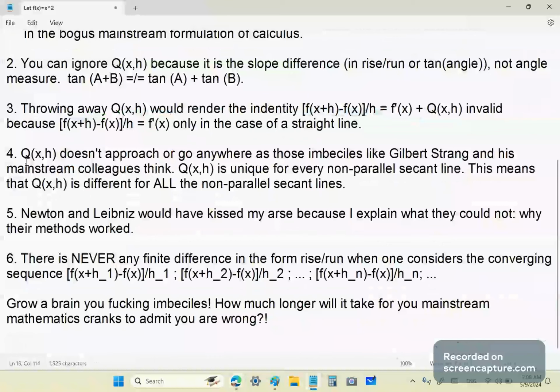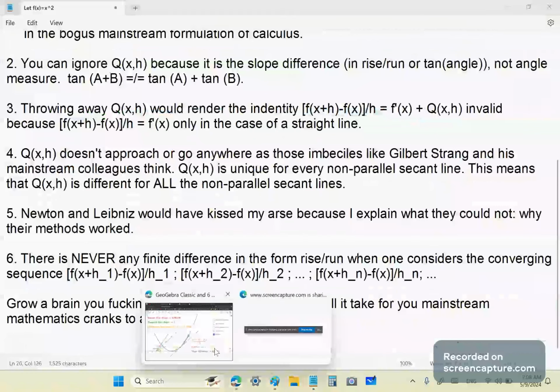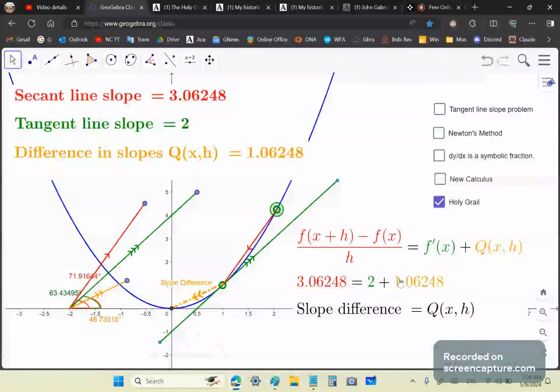Now, Q of x,h doesn't approach or go anywhere, as those imbeciles like Gilbert Strang and his mainstream colleagues think. Q of x,h is unique for every non-parallel secant line. Okay, so what does this mean? This means that it doesn't matter which parallel line you choose, this difference will be unique.